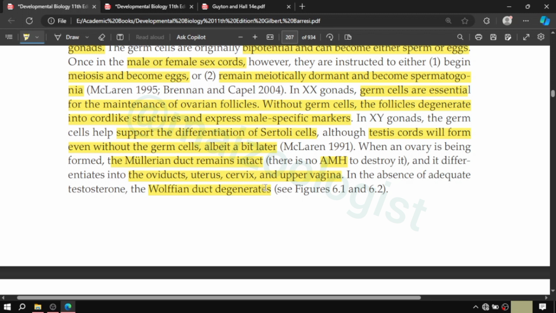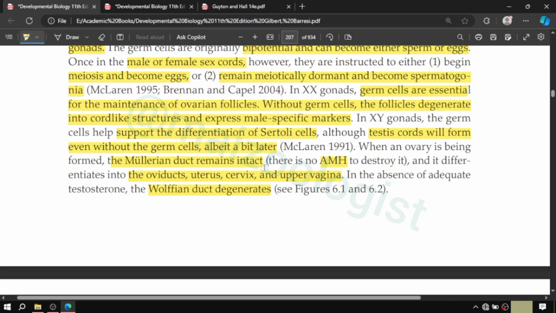So if testosterone is not produced, then the Wolffian duct is going to degenerate, and a degenerated Wolffian duct means that we are not going to have a couple of crucial parts of the male reproductive system, such as the vas deferens. So these were the stages of the development of gonads in mammals.